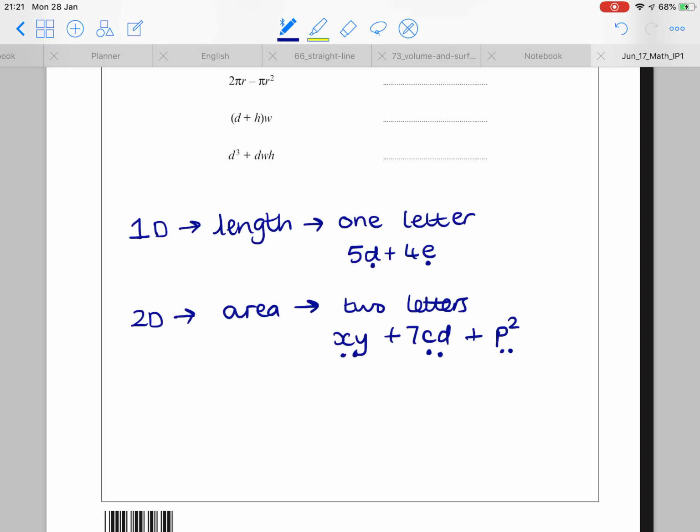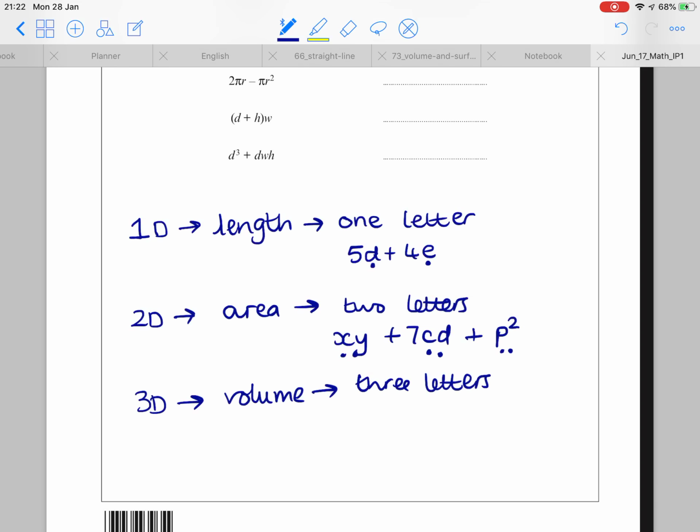So an area formula has 2 letters throughout every individual part. 3 dimensions or 3 directions will be a volume formula, and a volume formula would have 3 letters. And like the others, those 3 letters would need to be included in every part of the formula.